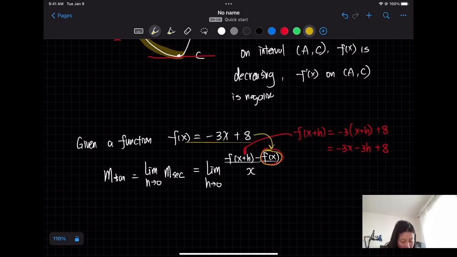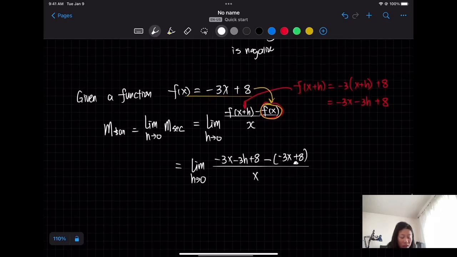So the limit of this, I should write it equals negative 3x minus 3h plus 8, subtract the entire f(x). So it's very important for you to put the parentheses, otherwise you might calculate this wrong, because when you have a subtraction, this is going to change the sign inside of the parentheses.